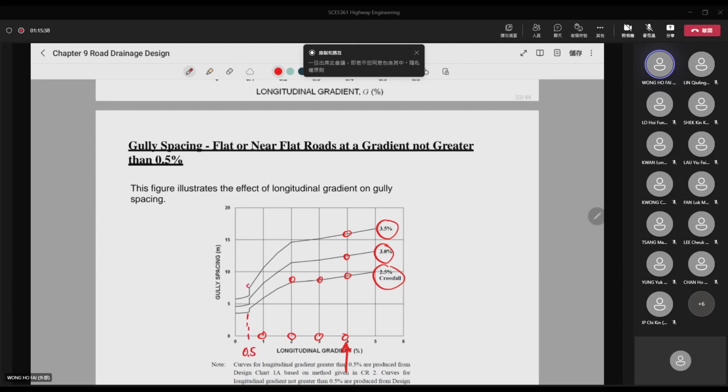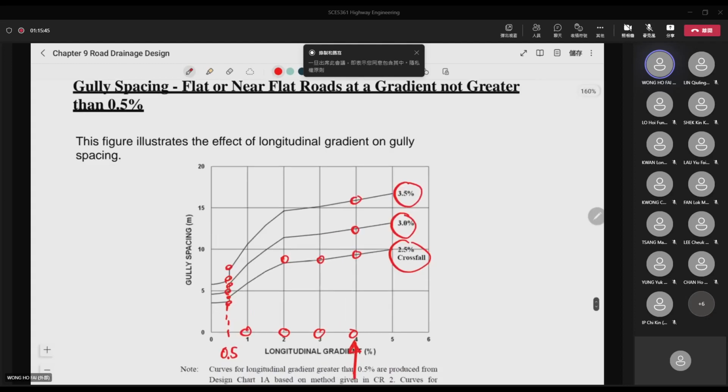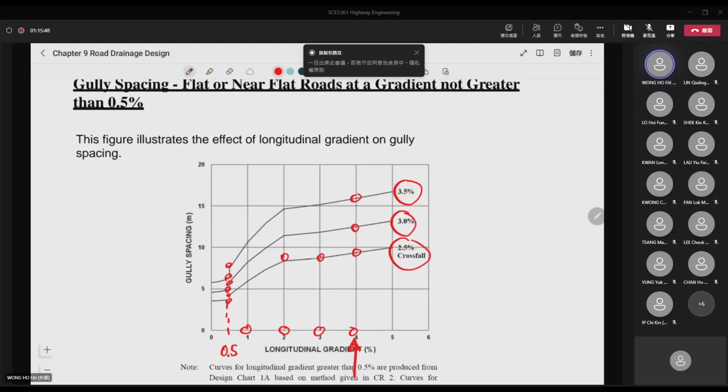And then from this graph, the longitudinal gradient is 0.5%. You can see two values on the same value of the longitudinal gradient. Why is that? Because if you still remember, we have two equations to find the gully spacing. One is for smaller than 0.5%, one is for larger than 0.5%. So for here, we can use both equations. 0.5% is the criterion to change the equation.